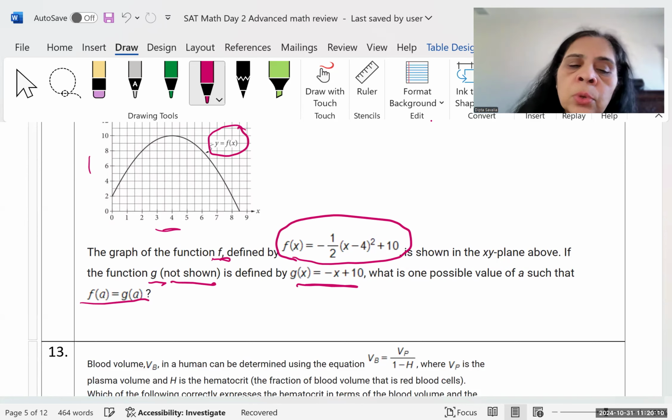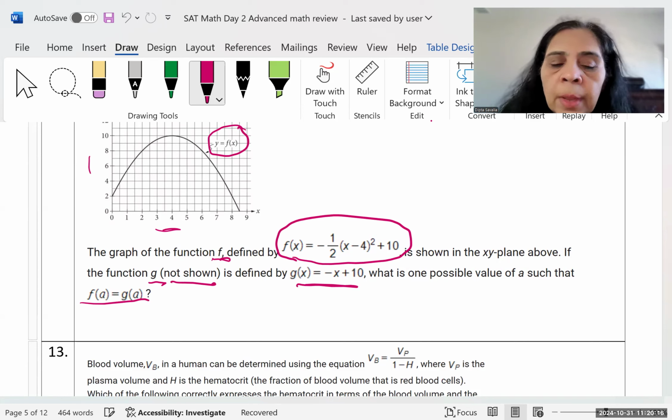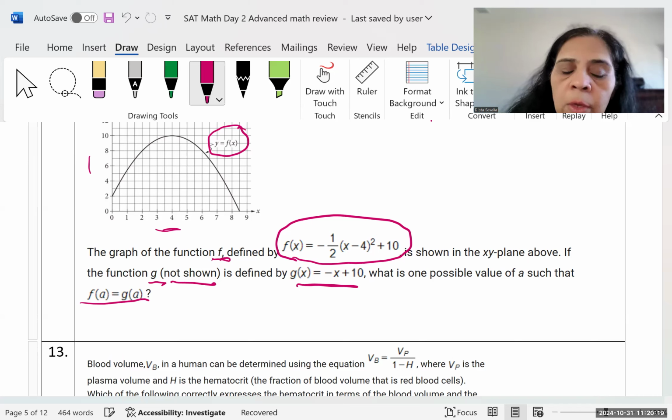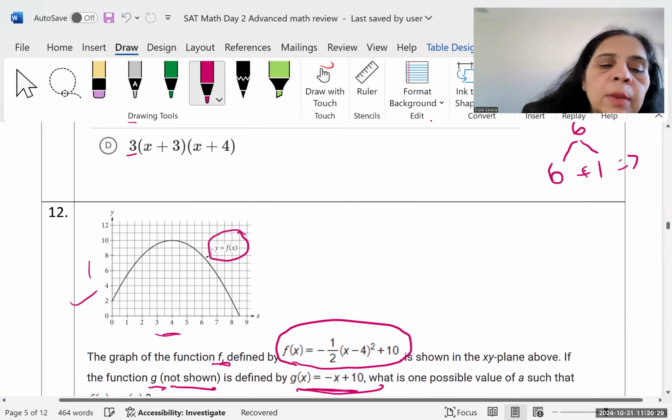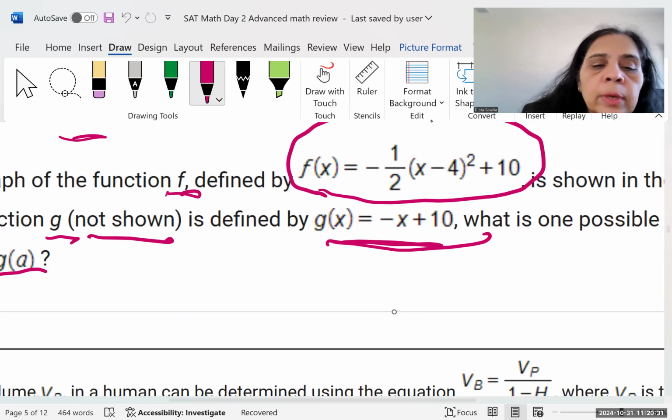So you can do a couple of different ways. We can compare this to the equation with whatever x value is your a, or you can draw the graph for this one here, and then we can find where they are intersecting. So let's do that.